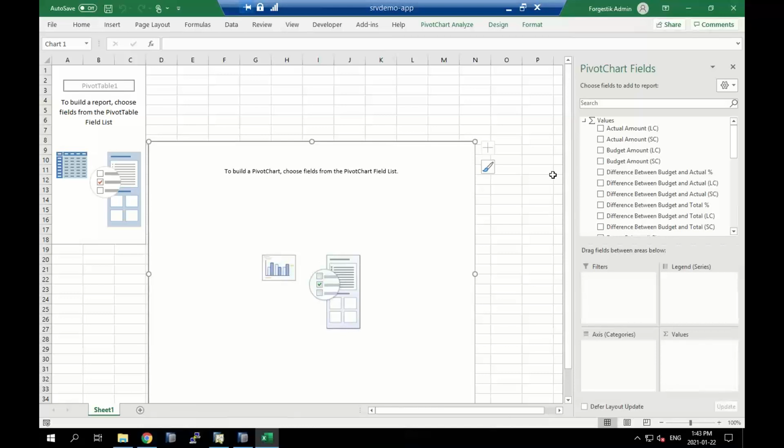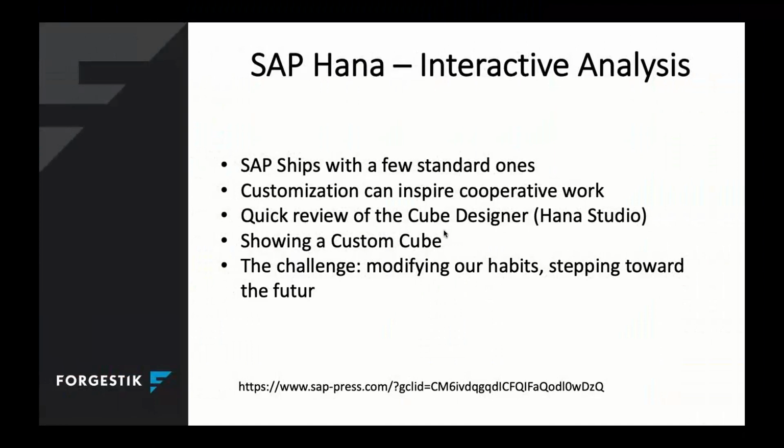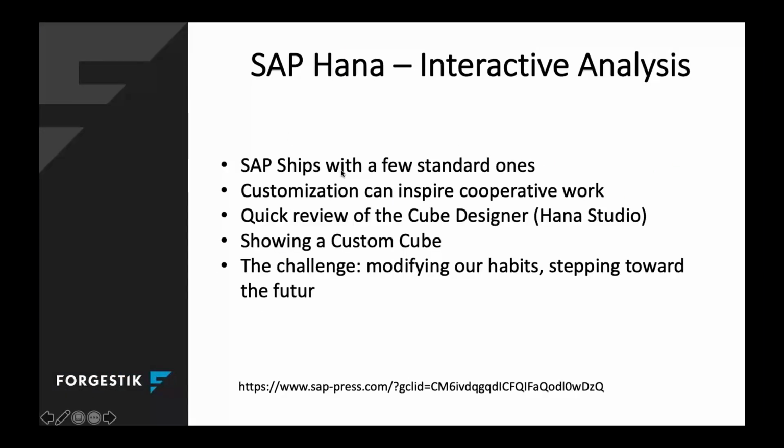You can navigate them, especially if you're already using SAP HANA and you didn't know that it was there. Well, now you know. You can play with them a little bit, start getting familiar. But let's face the facts, chances are you might need to get a custom reporting object developed.